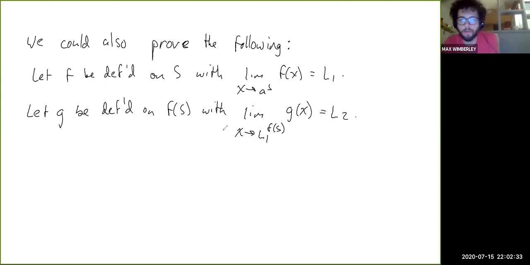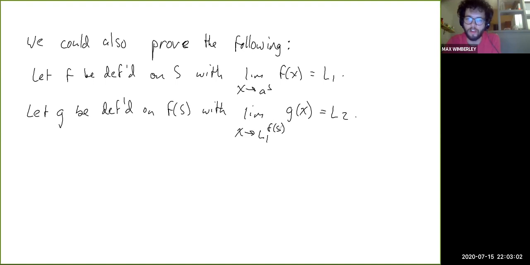Okay, and now you might be wondering, how do we even know that this makes sense, right? How do we know that there's a sequence in this set, f of S, which approaches L1? Well, the reason we know that is because any sequence of points in S approaching a gives us, by evaluating f on that sequence, a sequence of points in f of S approaching L1, right?